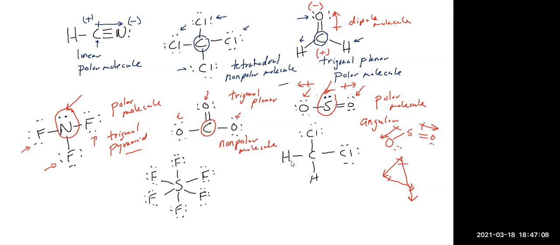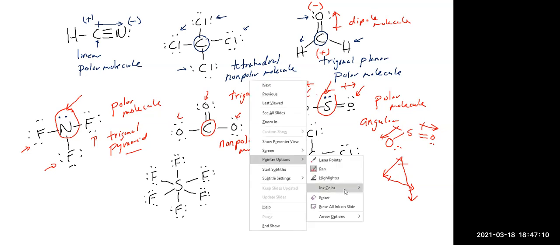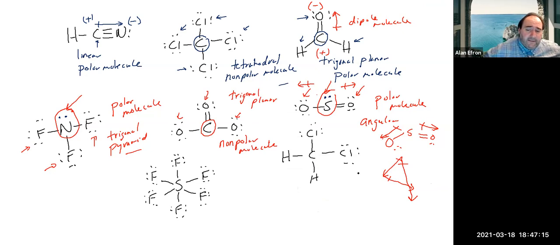I just had a quick question. So it's angular because it's a polar molecule? No, it's angular because of the electron pairs and the bonds that are present. Just like we were doing geometry earlier, there are 3 electron pairs, but only 2 bonds. And because of that non-bonding pair, there's no bond up on top. So those bonded guys start moving this way, and the non-bonding guys are moving the other way.